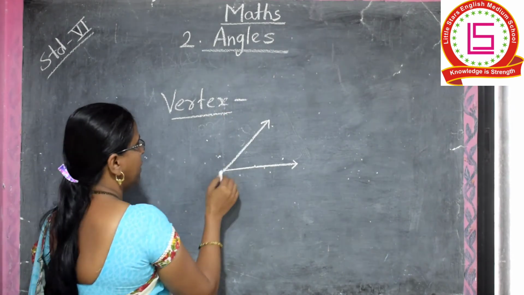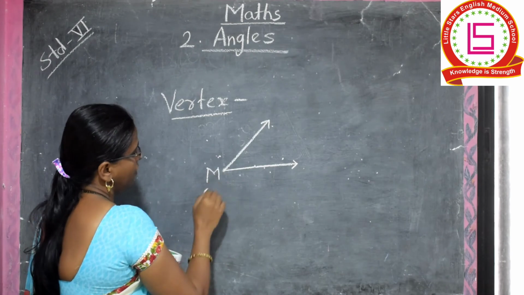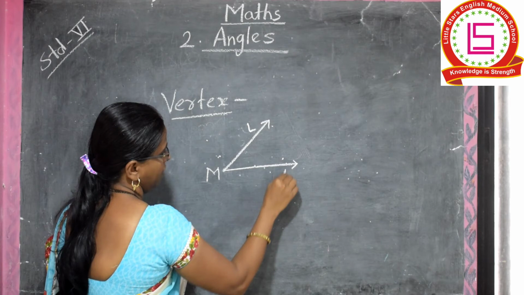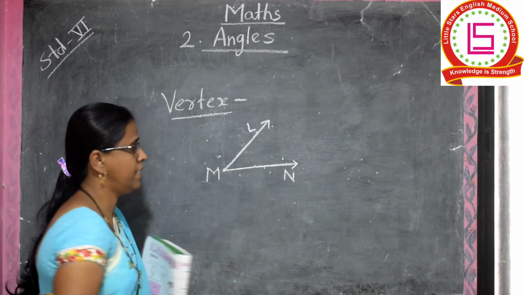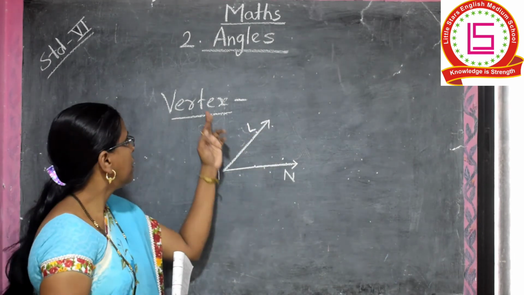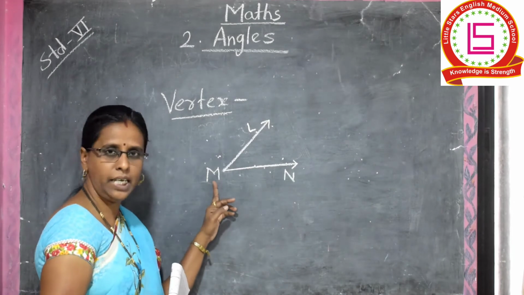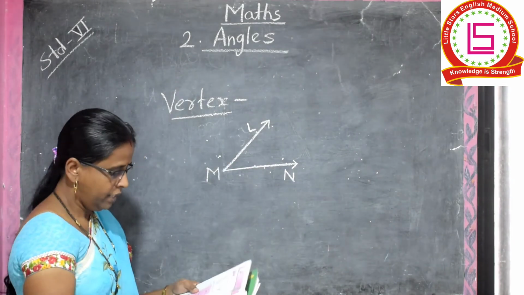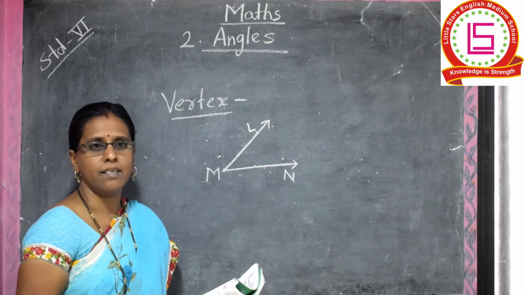Okay, then see, we write here the name: angle LMN. In this angle, the vertex is M, vertex M. Then see, the arms of the angle.